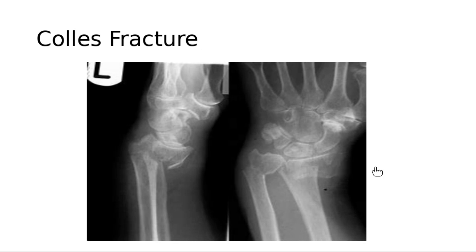Right. Now, whenever a patient presents to you with a distal radial fracture, or Colles fracture as we call it, with the classic findings, then you need to examine the patient to ensure that there are no associated injuries.